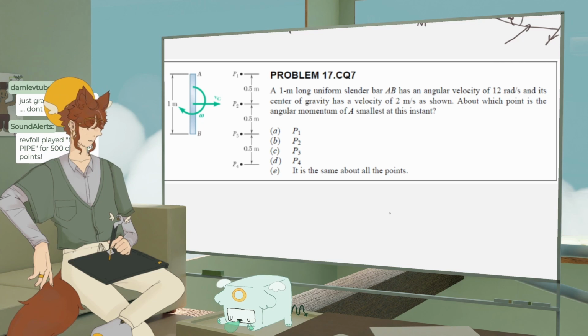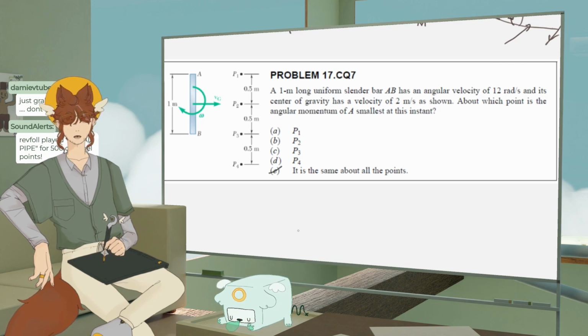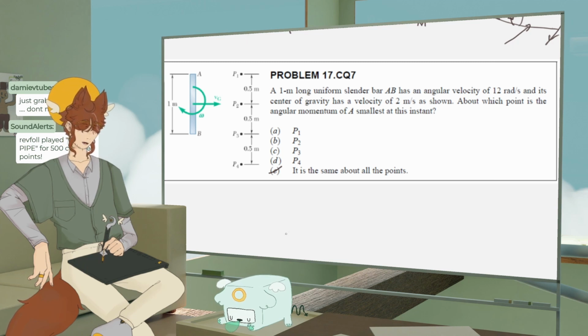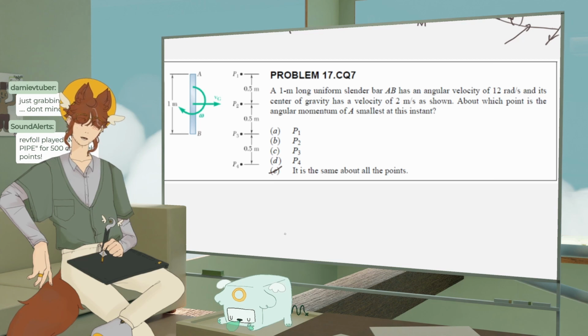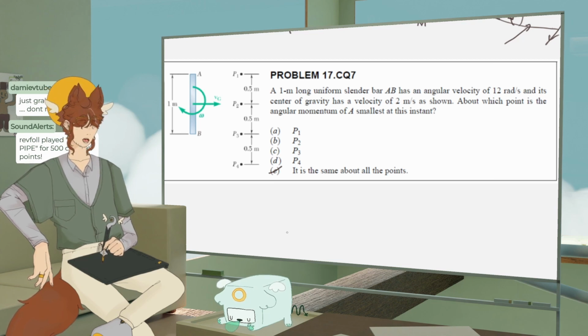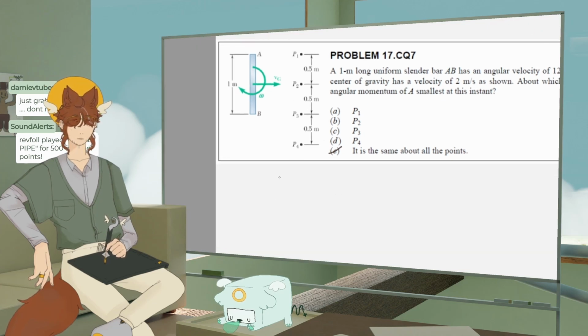Okay, it's not the same about all points. It would be smallest at... Oh, this is fascinating. Would it not be the same at P2 and P3? Does it have to do with the adding things? I see. Okay. Sorry, big brain.